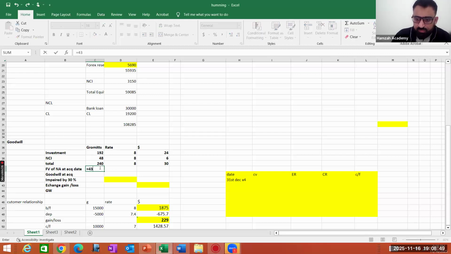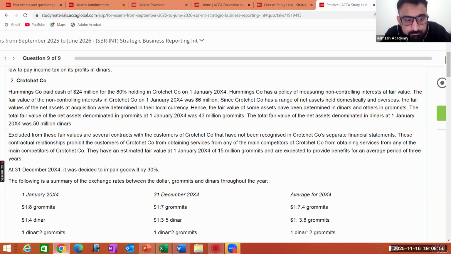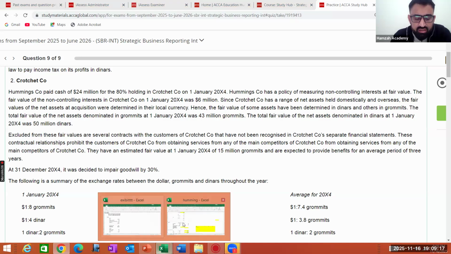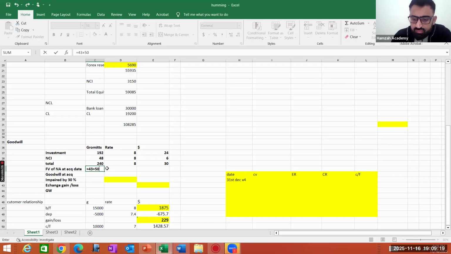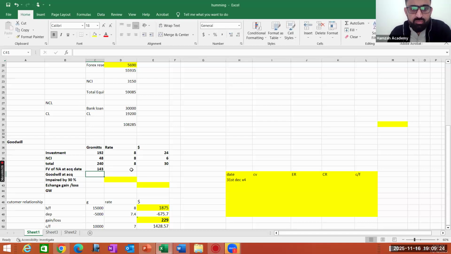So equal 43 plus 50 million in terms of dinar. Now the assets in dinar would need to be translated using the rate at the date of acquisition, which is 2 ringgit to 1 dinar. So you need to multiply it by 2. So it will become 143.